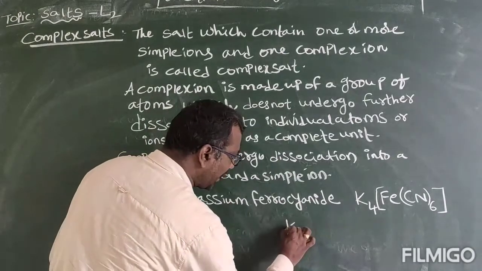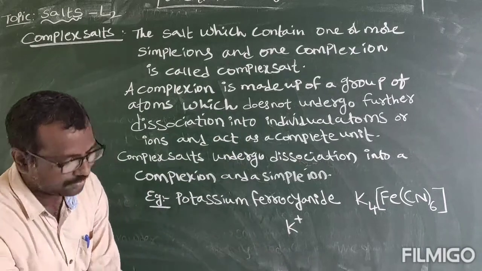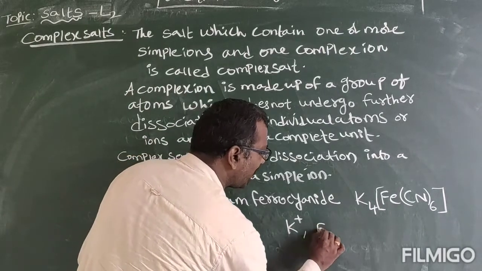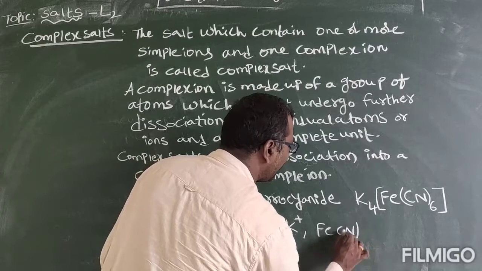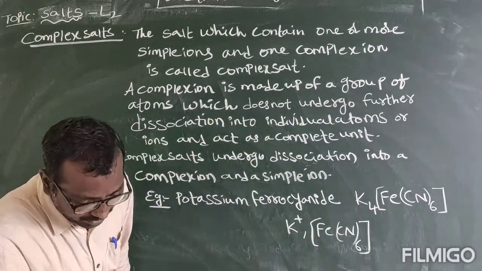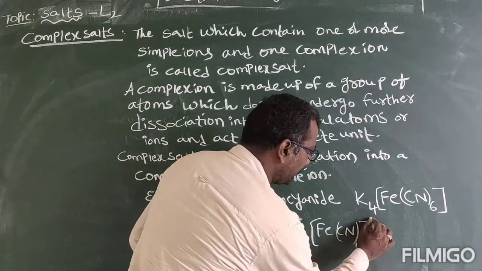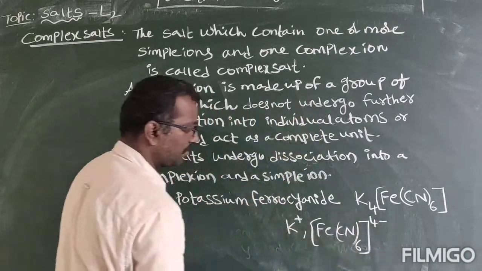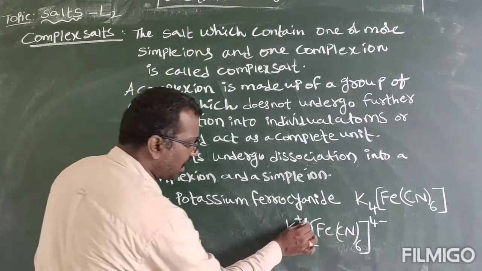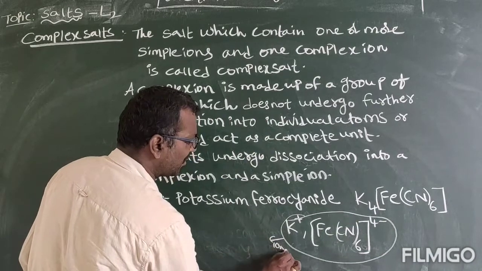The ions are K+, that is the simple ion, and the complex ion is what? [Fe(CN)6] is the complex ion. So these are the ions.